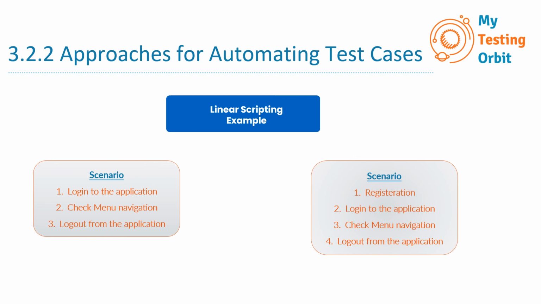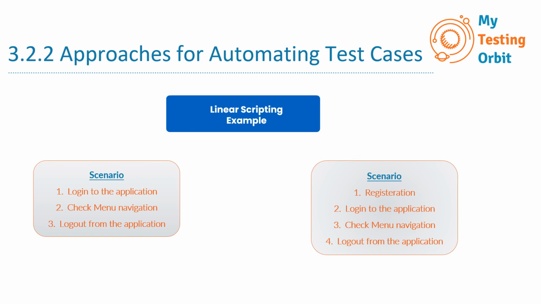And this is a very simple scenario added. Later on, the application will evolve and there will be many other complex test scenarios which might not be feasible using linear scripting, or will not be easier to maintain using linear scripting.